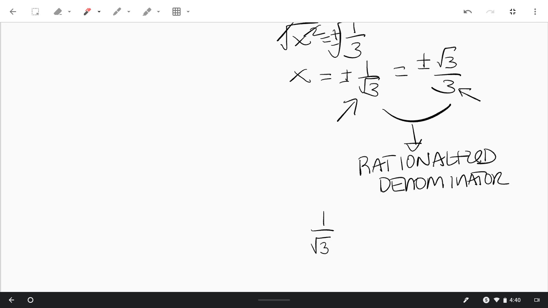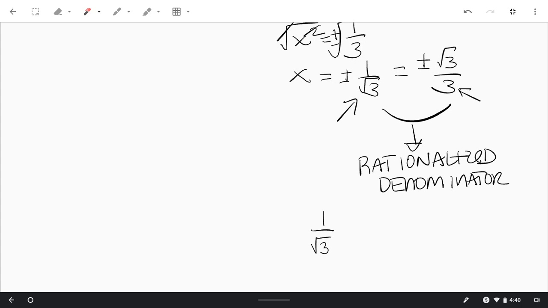If it were, then we wouldn't have this irrational number in the denominator. If we had, say, square root 9, well, square root 9 is 3. Or if we had square root 16 or square root 25, we could simplify all of those. But square root 3 is not a perfect square. So if you punch that into your calculator, you get this never-ending decimal.